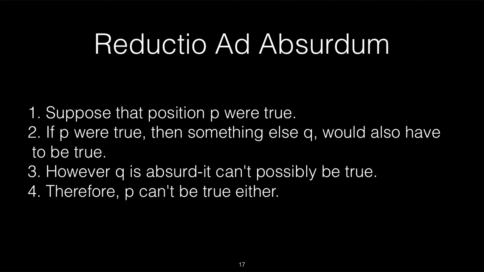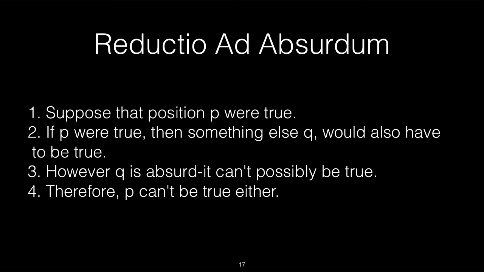So a reductio argument can be used with deductive premises, right? I can assume certain premises are true and then see where that leads deductively using my rules of inference and things in a formal logical setting. But it's also the case that I can use a reductio argument that isn't a deductively valid argument.